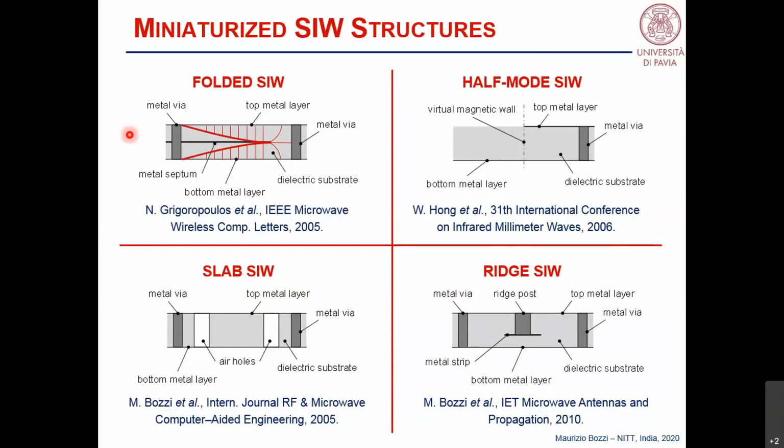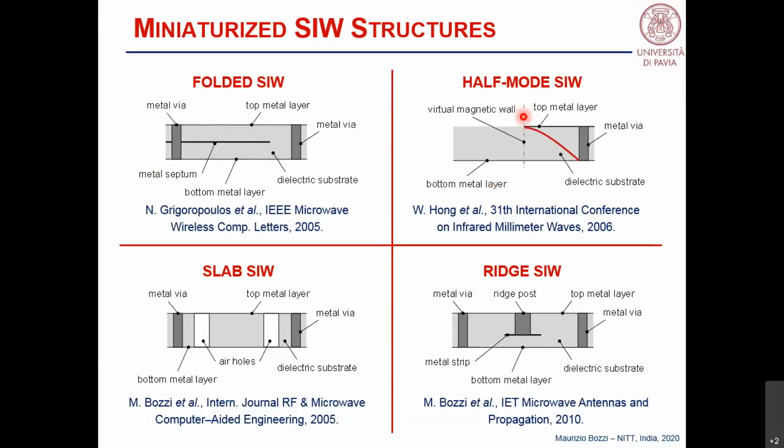So what happens here is that you reduce the width by a factor 2 at the cost of a dual layer technology. Another interesting solution, proposed by the group of Professor Grigoropoulos in 2005, is the half mode SIW.